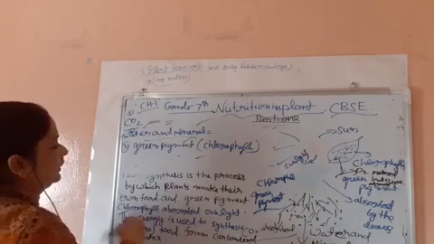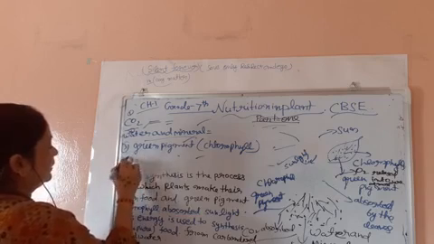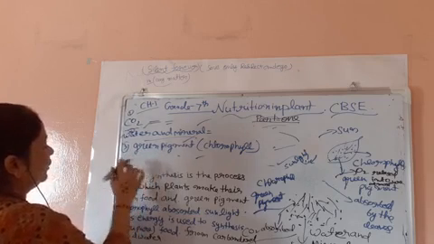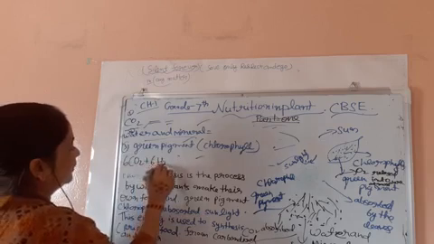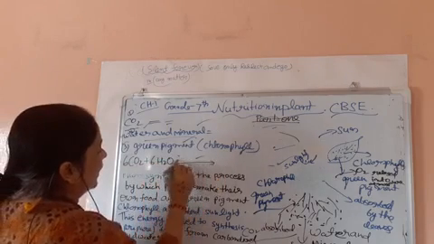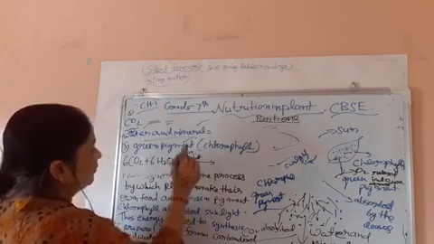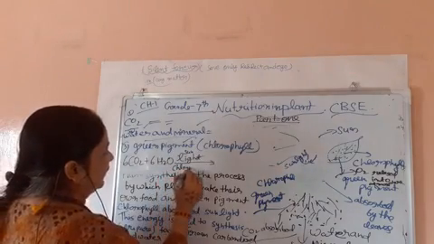During this process, you can write here 6CO2, 6H2O, and light, sunlight absorbed by the green pigment. Here we have to write chlorophyll.